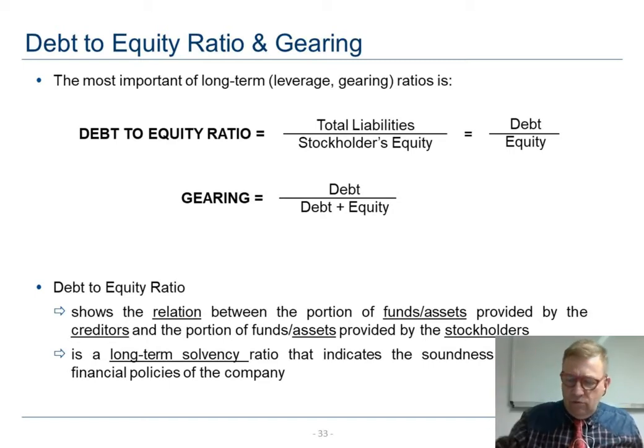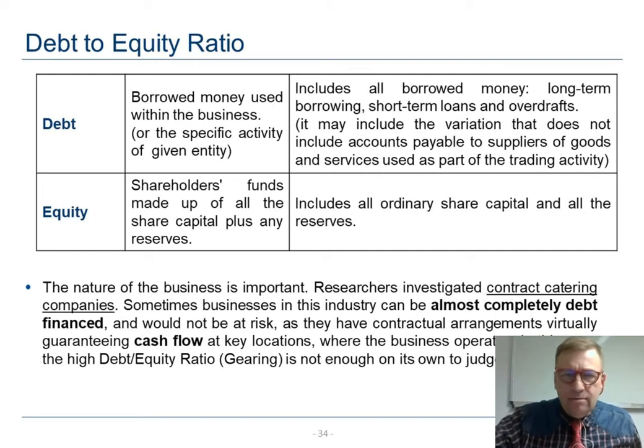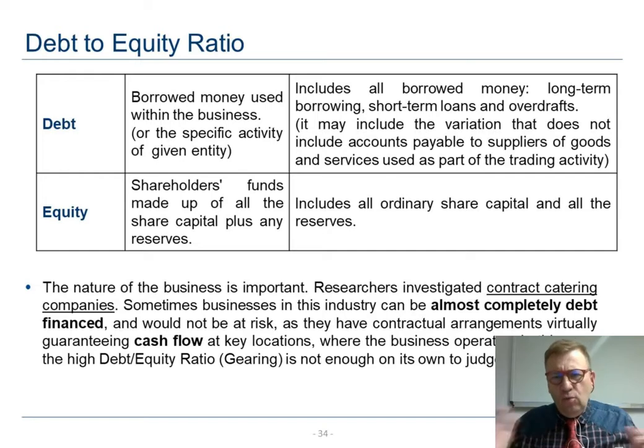So debt to equity. Now, when I explain this in detail, debt is borrowed money used within the business. This is the idea. And it includes all borrowed money, long-term, short-term, and it may include all variations, as well as accounts payable.